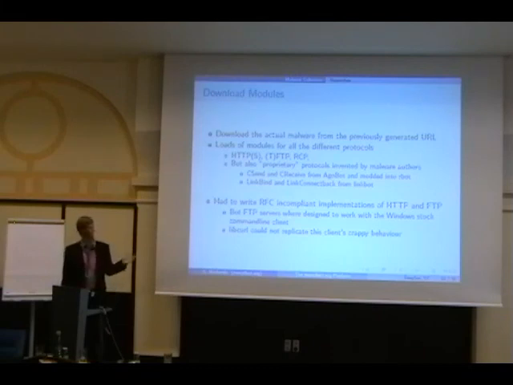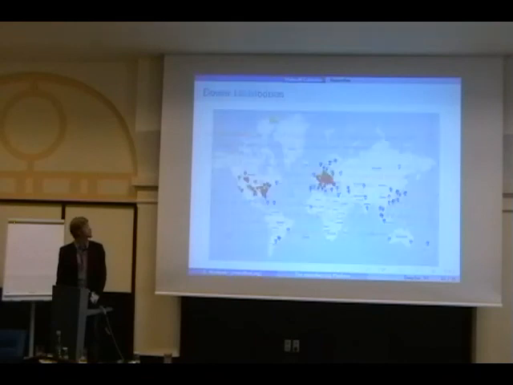And the bots actually were just developed using these command line tools from Windows, and so I guess the bot authors never read any RFCs. So we had to write some broken implementations that are as broken as the Windows implementation, so they would actually work with the malware. So we again had to re-implement these protocols, which was a tedious work, but we had to do it. And that's about it.